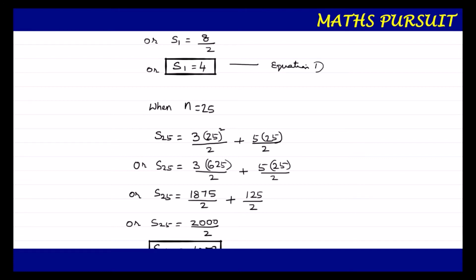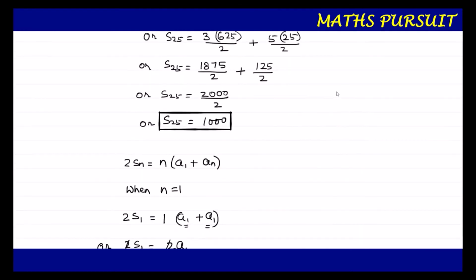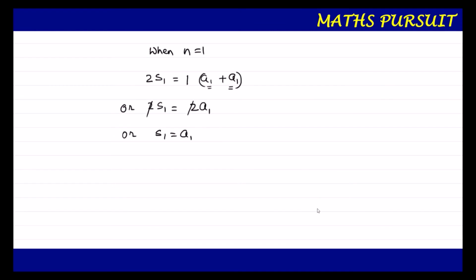What we got here is S1 is equal to 4, and S1 is equal to A1. Therefore A1 is equal to 4 from equation 1. Sometimes we need to write these numberings so that we can refer to something.